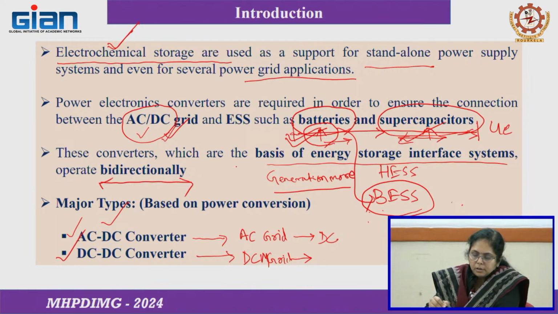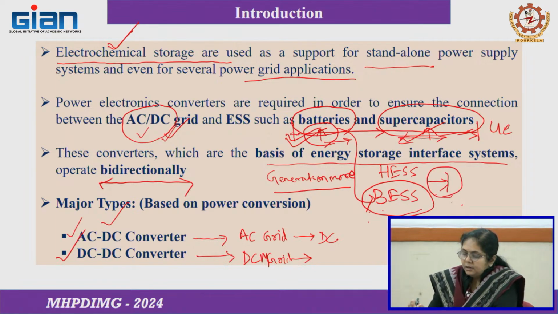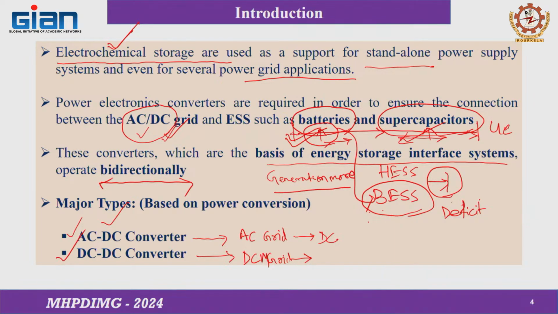So the energy storage system has to absorb or store the power, and when there is a deficit from the supply and the load is more, the battery has to supply, that is, discharge. In that case we need a bidirectional operation, so we have to choose a power converter that can operate bidirectionally.